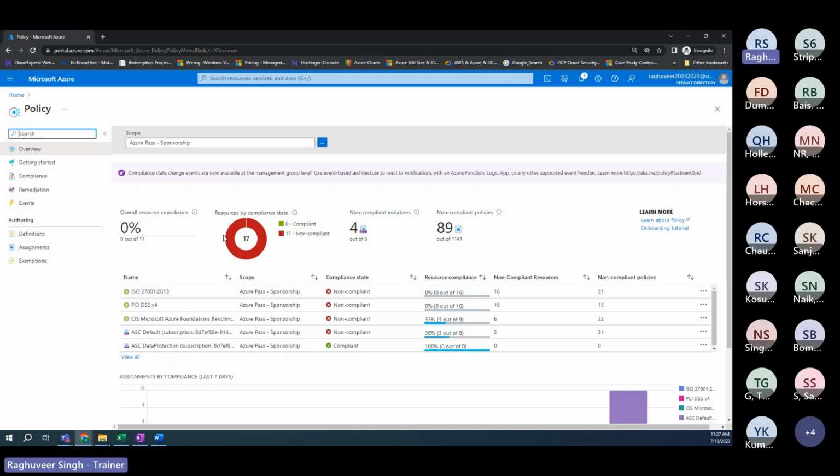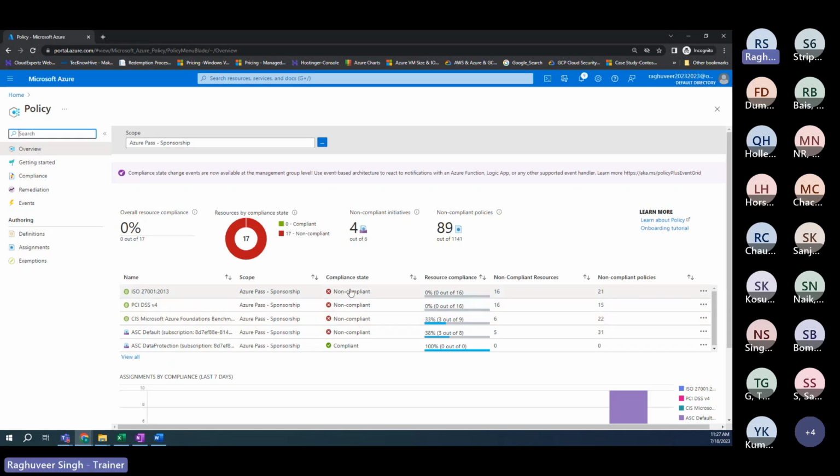All right, so on this window, you will see that whatever compliance standards you have just enabled are also shown here inside Policy. On the Policy overview blade, you see all of them here. For example, ISO 27001, PCI DSS version 4, CIS Microsoft Azure Foundations Benchmark.